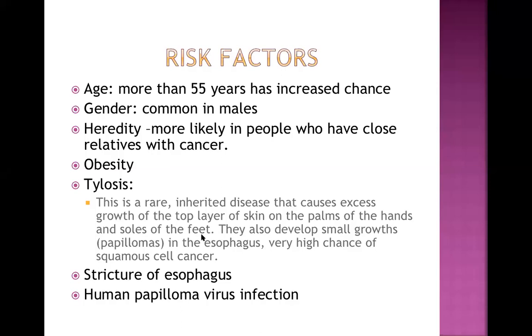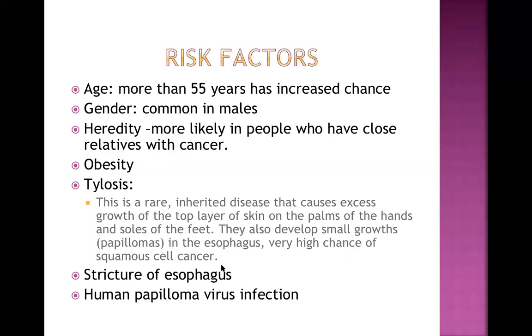So in this condition, the palm and sole have excessively thick skin. This is tylosis, and this is an inherited condition. Now the same tylosis can also have small growths in the esophagus, which are called papilloma, and these papillomas have a high chance of progressing into squamous cell cancer.